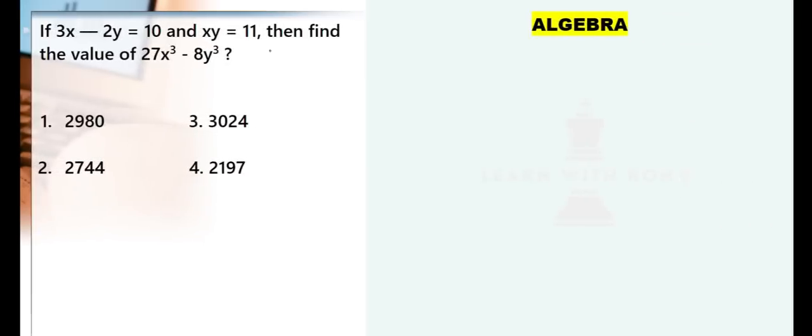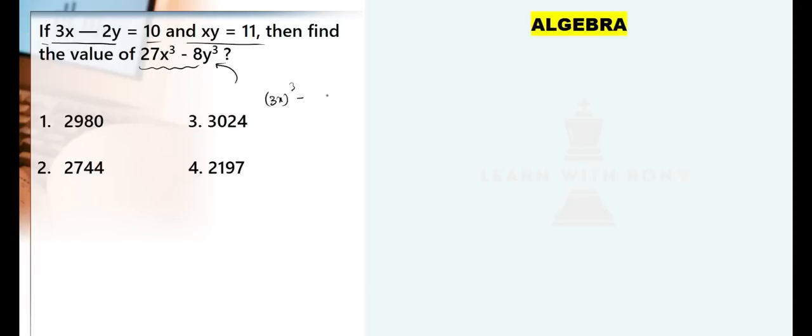Next question. See this one, if 3x minus 2y is 10 and xy is 11, they asked us to find this value. See, I can write this value as 3x whole cube minus 2y whole cube, right? So, if I assume 3x as a and 2y as b, we need to find a cube minus b cube. So what is the formula of a cube minus b cube?